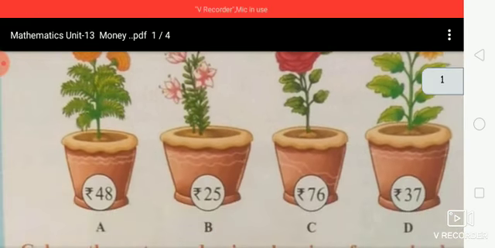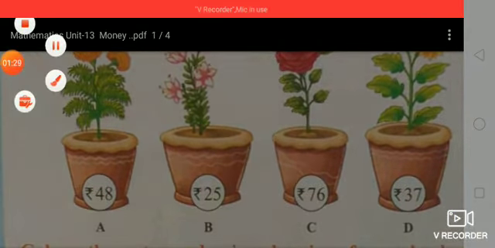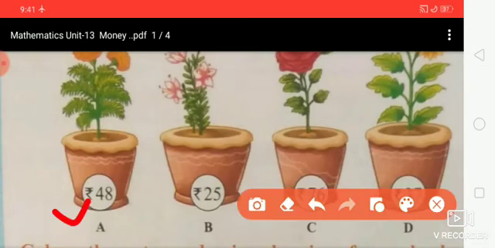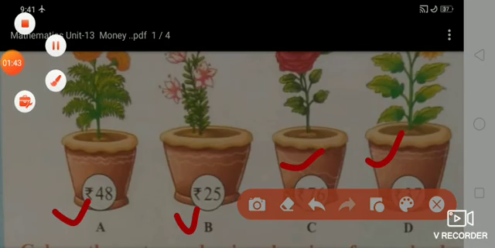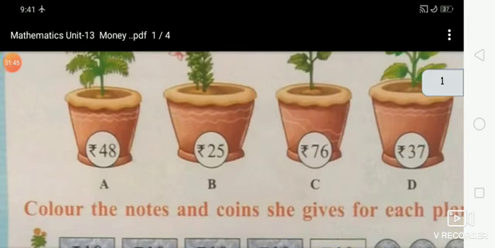The first pot costs 48 rupees. Now B is 25 rupees, C is 76 and D is 37 rupees. Okay students, is that clear?